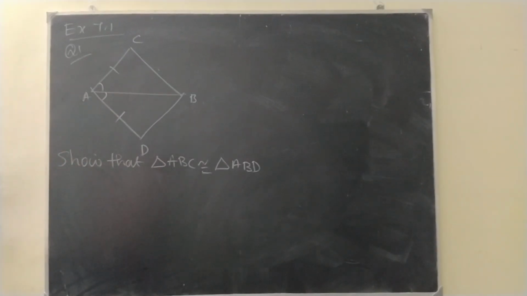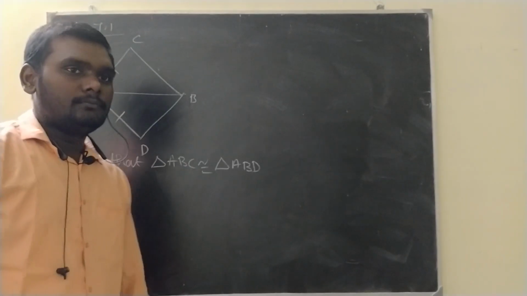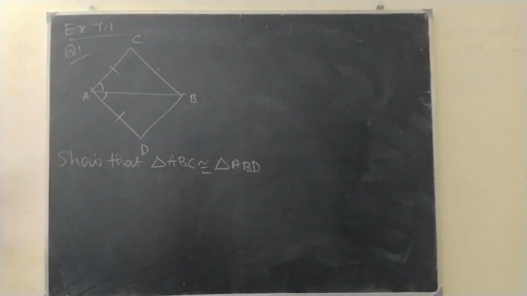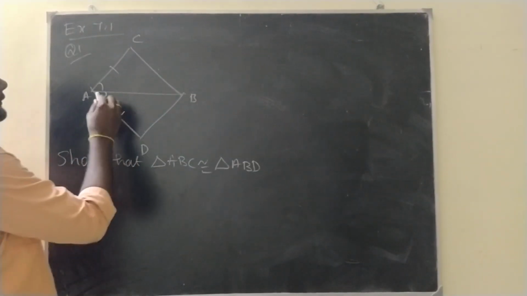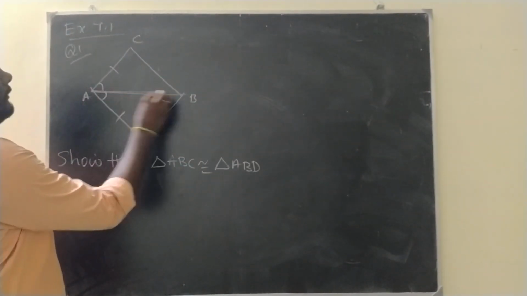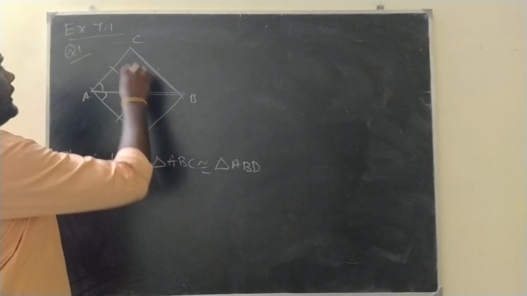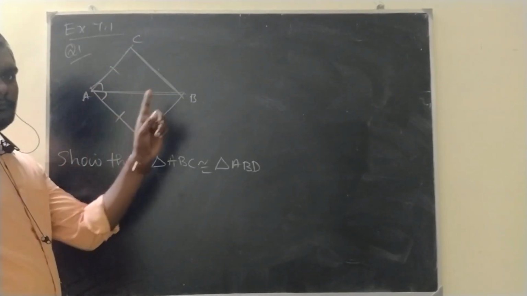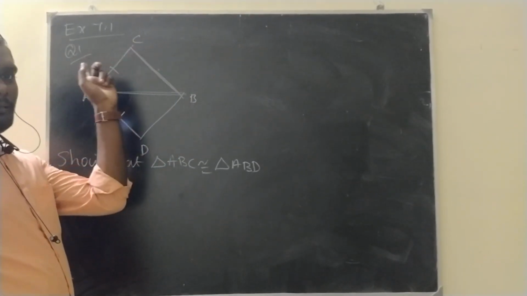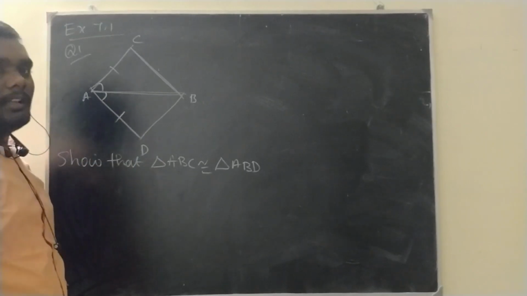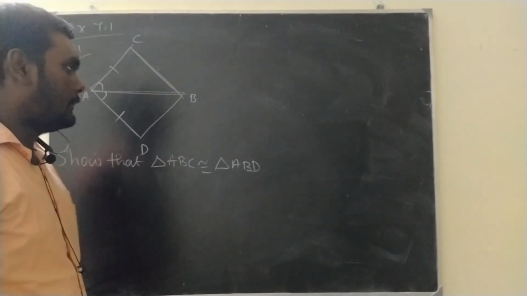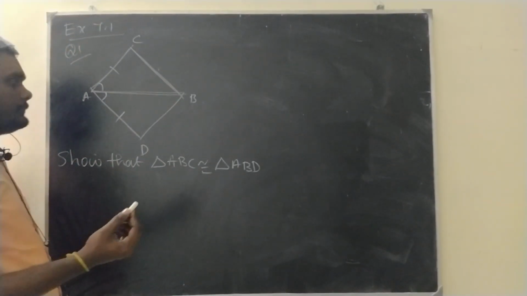See, whenever we need to prove two triangles are congruent, first we have to observe the triangles. What are the names of the triangles given? ABC. Where is ABC? If possible, we can use different colors to denote these triangles, like this one alone in black and this one alone in blue, so that you can differentiate between these two triangles.